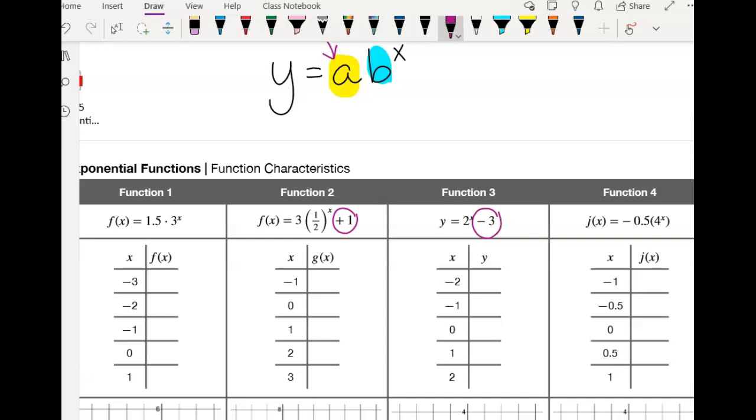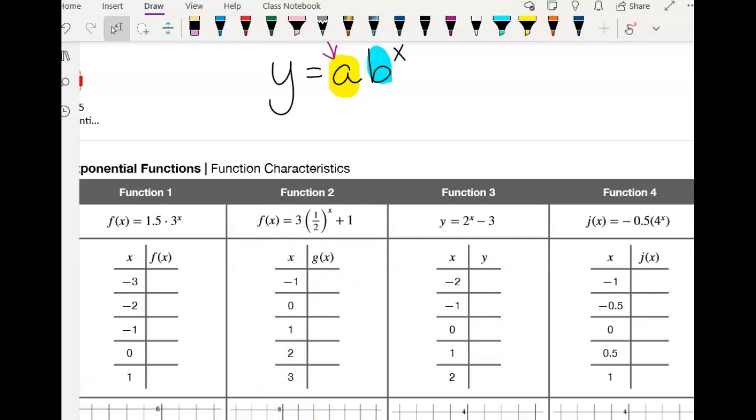If we think about the transformations that we talked about in the first video, we can see that this whole function is being shifted up 1, and in function 3, it's being shifted down 3 spaces. And we're going to take a look at how that impacts our table values, and how that impacts identifying our key features just from the equation itself, and maybe even just from the graph.